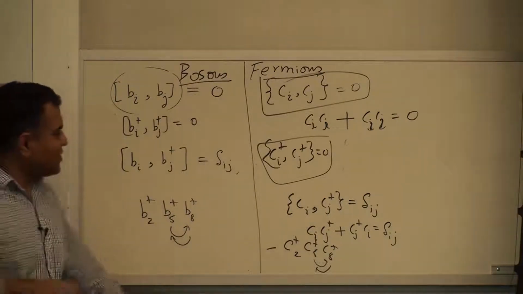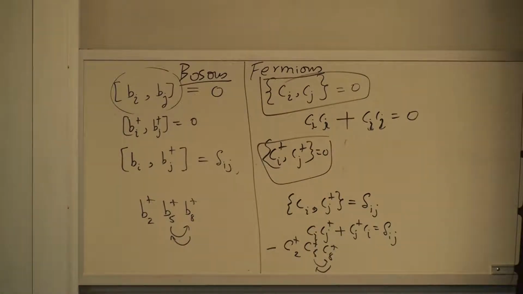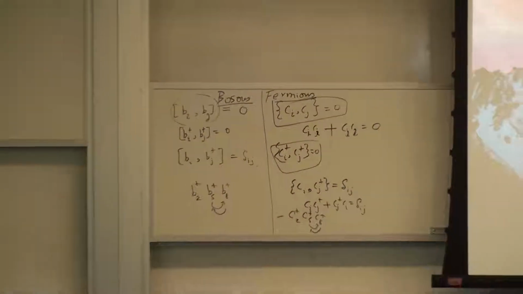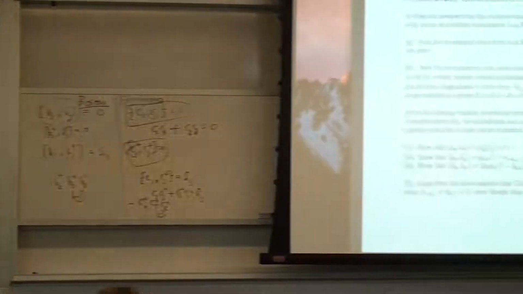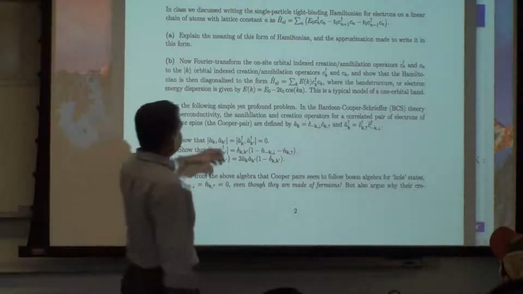Okay, so that's a few things about these operators. Towards the very end of the last class, we discussed an application of this, and I've also put it down here so that you can try your hand at it.